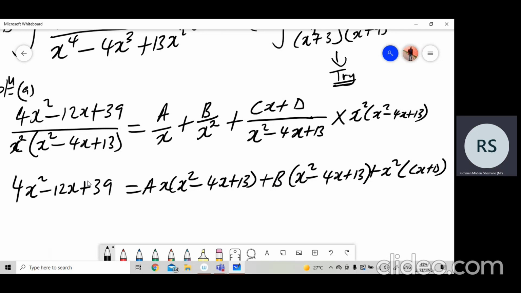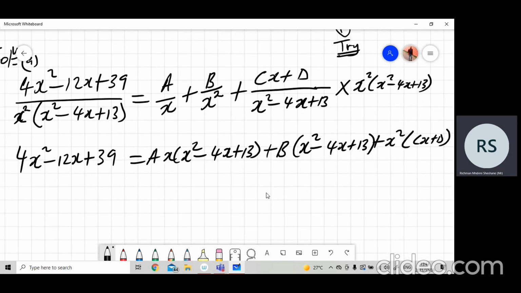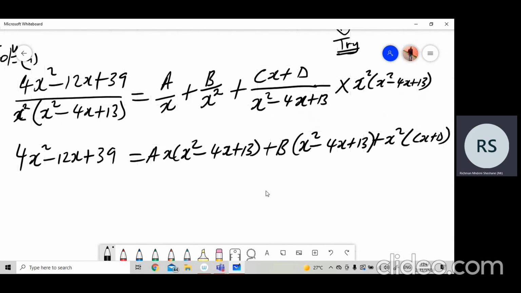So always after multiplying this LCD out on the left hand side and right hand side, think of the value of x that cancels each term, that will make each term equal to 0. You see x equal to 0 will make this term equal to 0 and also this term equal to 0, right? So when we substitute x equal to 0 here, we're going to have 39, and this will be 0.